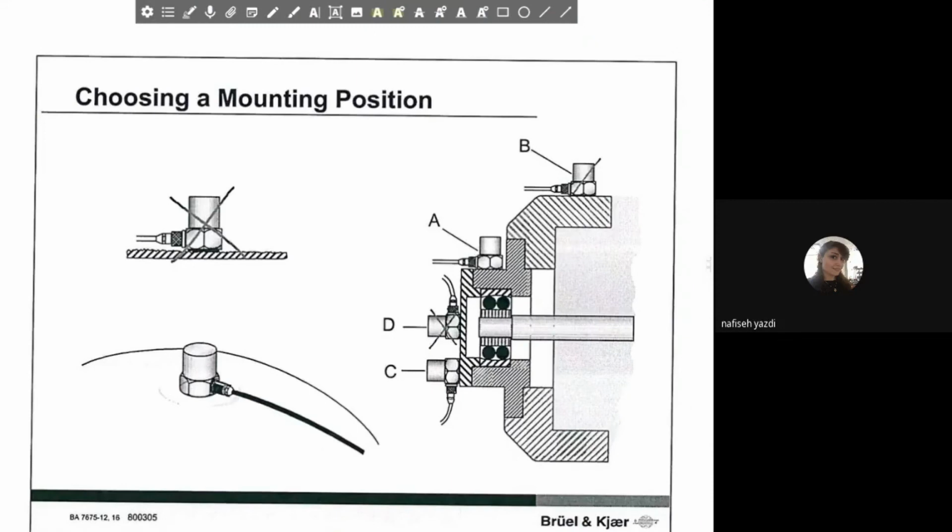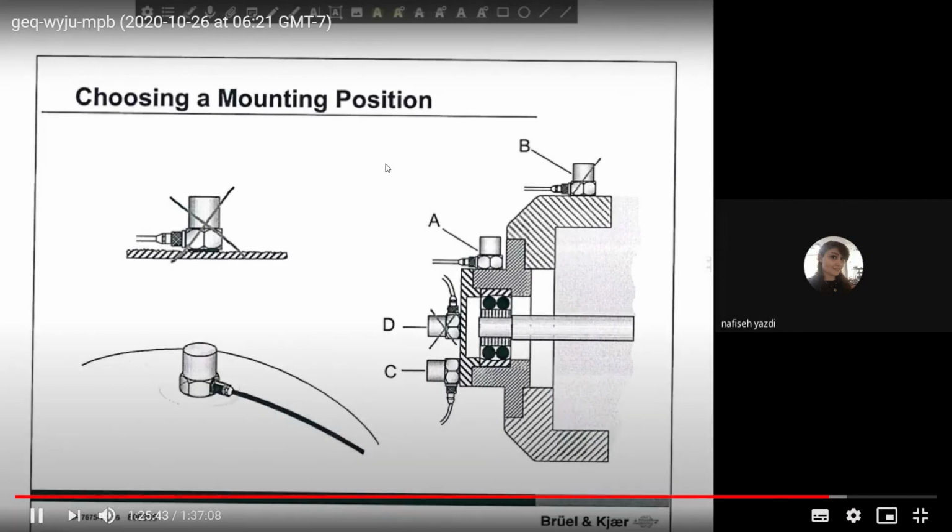But if you put the accelerometer in the D position, your measured acceleration will take into account not only the bearings and the shaft, but also the vibration of the cover that is used to isolate everything from the outside environment. So that is not a good position at all.